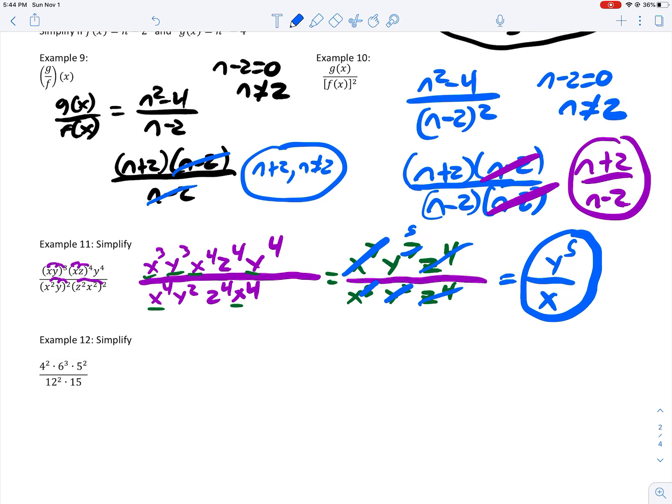So I'm using my laws of exponents to expand it so that I can regroup and combine the variables so that I can reduce them. We're going to do a very similar concept as 11 with number 12. So we're going to simplify.